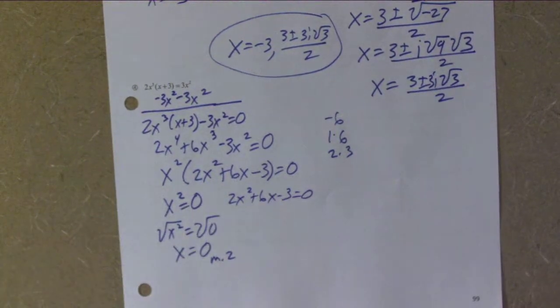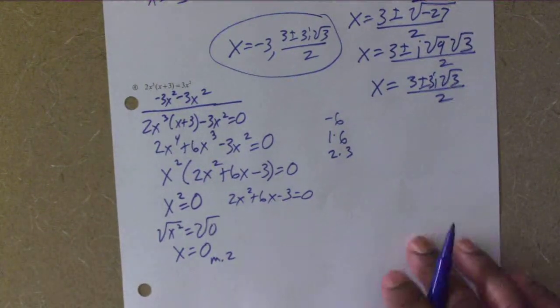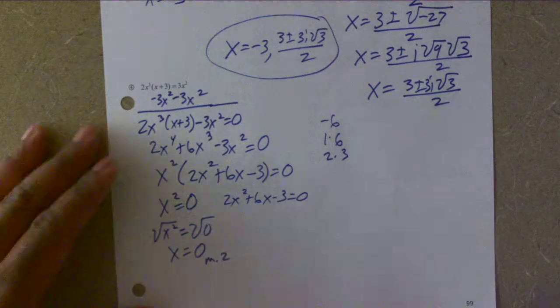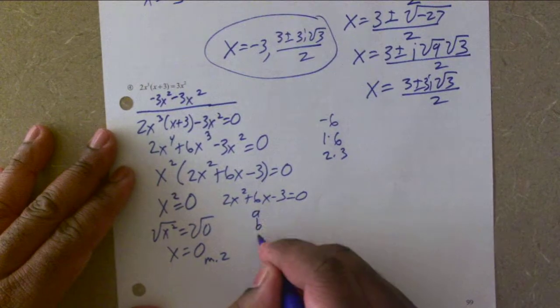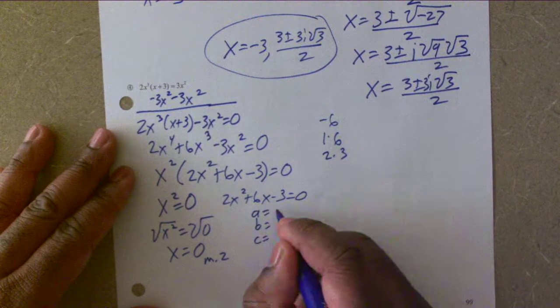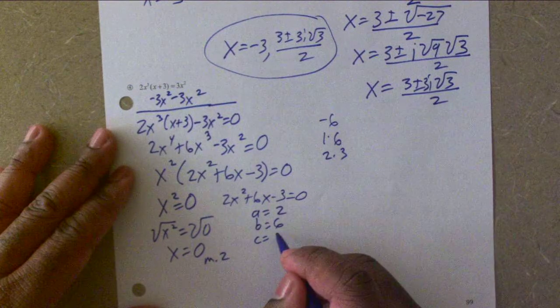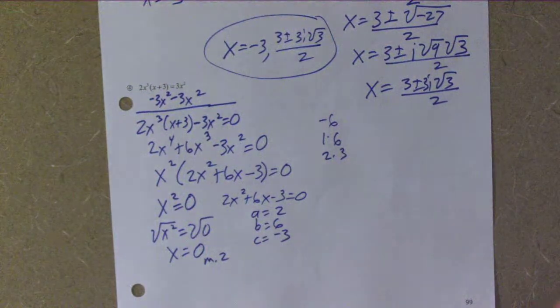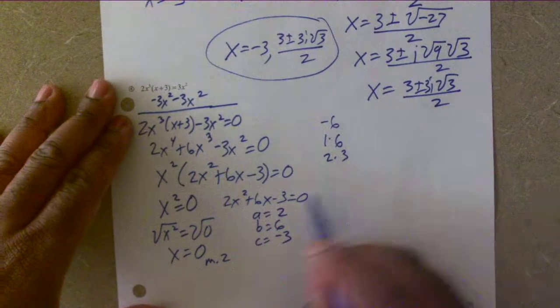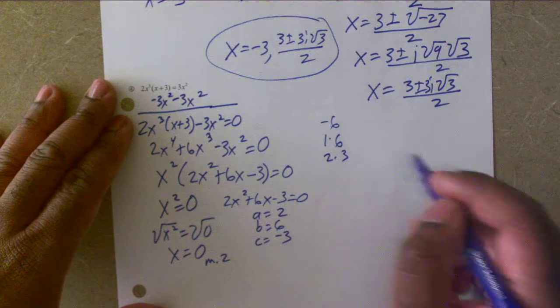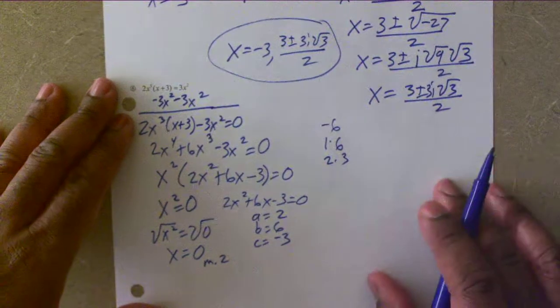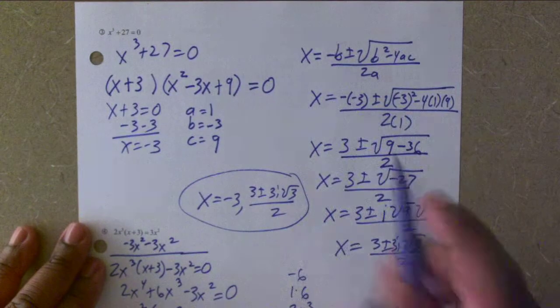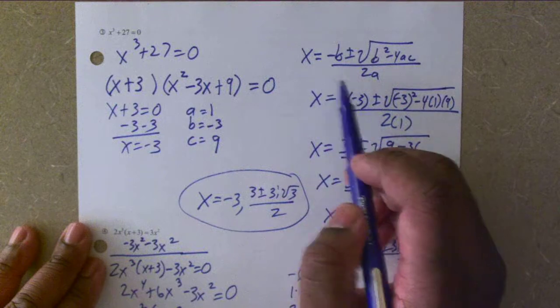Does everyone follow that? So, what we would do is list our A, B, and C. Our A is 2, our B is 6, and our C is negative 3. So now, we will go over here and do the quadratic formula, which we listed up here. And you can copy this in your notes.